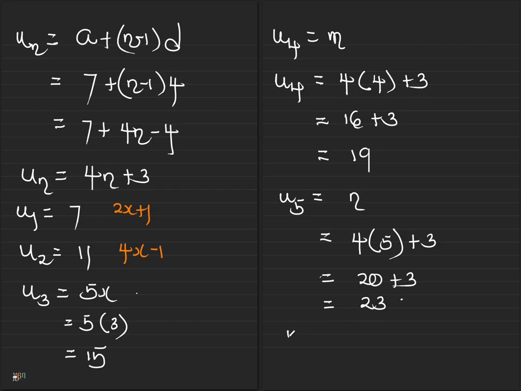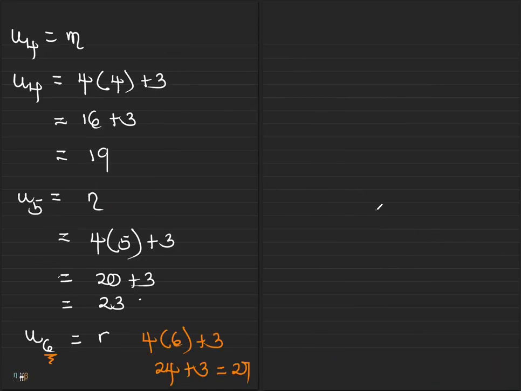Then for the last term, which is u6, you do the same substitution. In the question, it was given as r. So substituting 4 into bracket 6, since n is 6, then plus 3. We have 4 times 6, which gives us 24. So 24 plus 3 gives us 27.